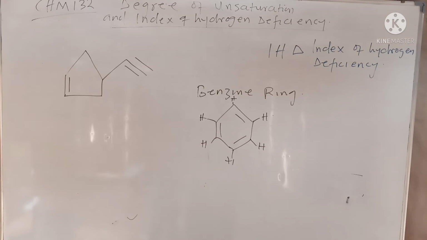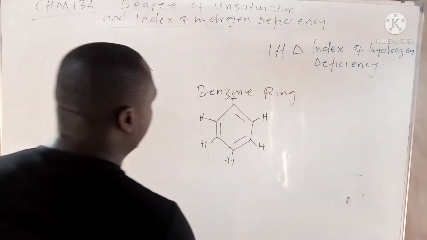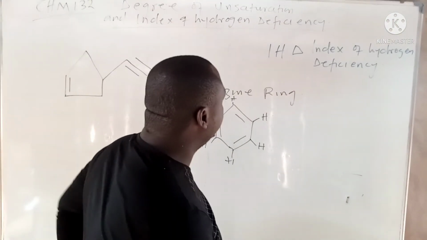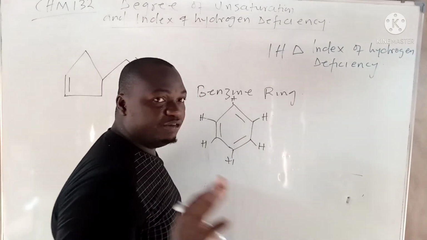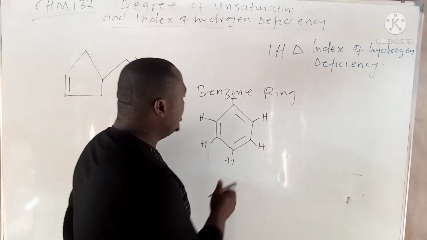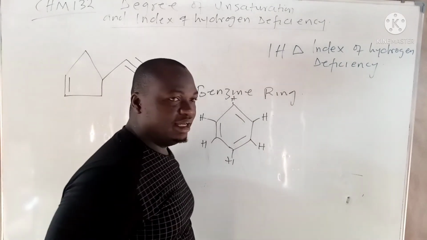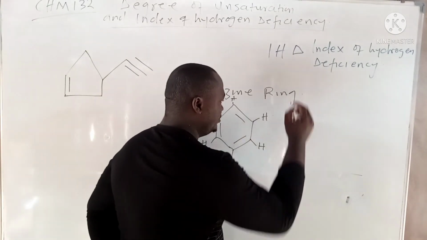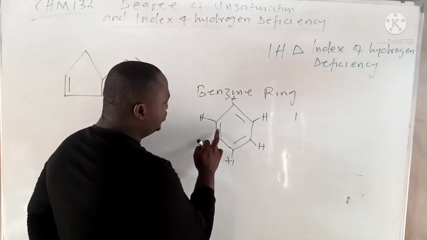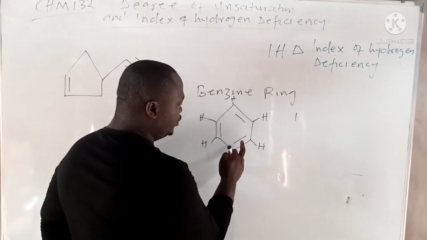Now we have a 1 here based on the benzene ring, and I asked you to calculate the IHD. You can see from here what we talked about in my introduction. I said whenever we're talking about a ring itself, the IHD is 1. Now look at this place. We have a double bond here, here, and here.